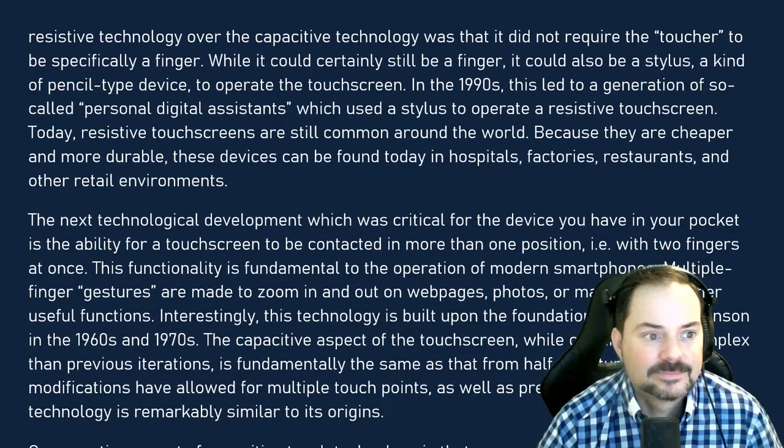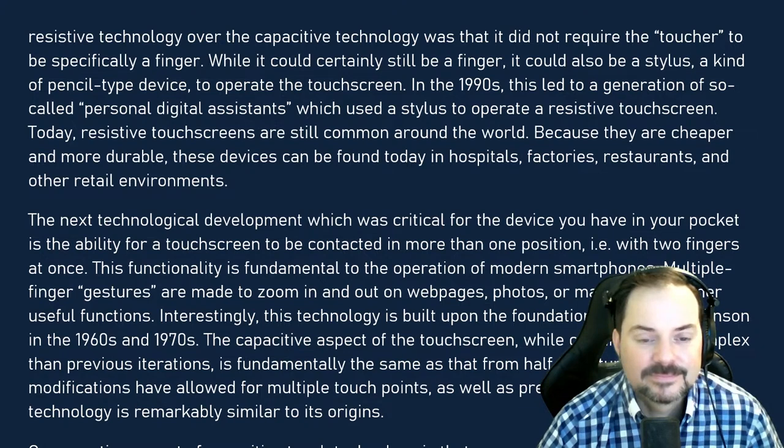One advantage of the resistive technology over the capacitive technology was it did not require the actuator to be specifically a finger. While it could certainly still be a finger, it could also be a stylus, a kind of pencil device to operate the touchscreen.